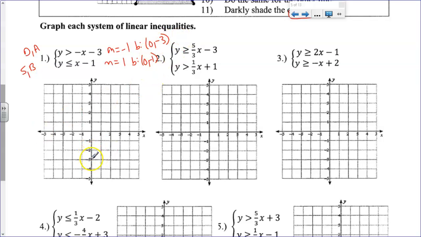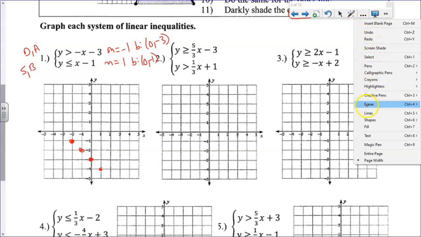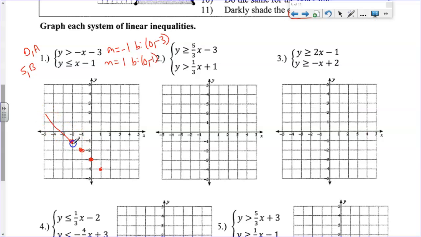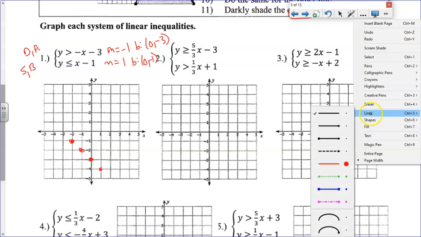So (0, -3). Slope is -1, so that's going to slant to the left. Okay, and this is going to be a dashed line. So we're going to come over here and find our dashed line. Let's see if we can try that again.